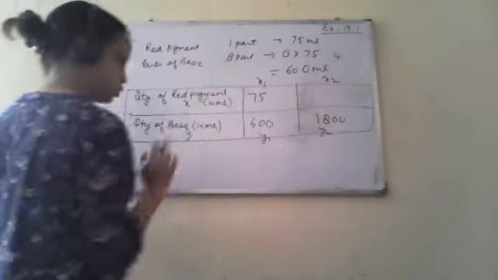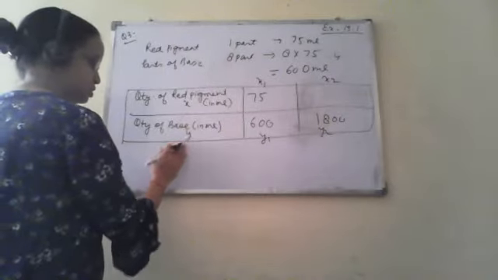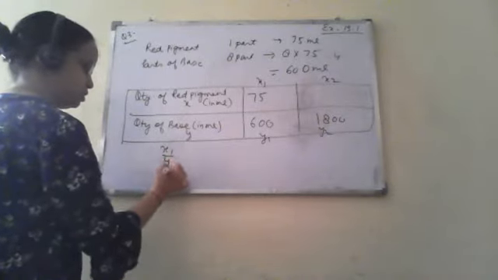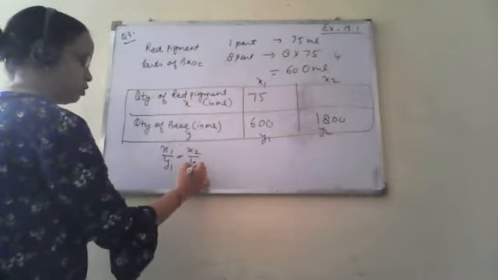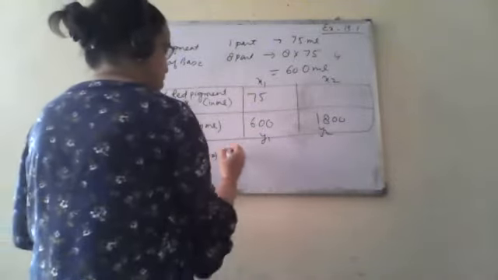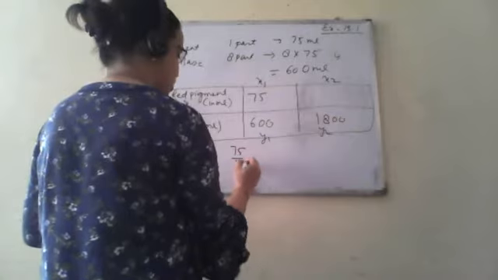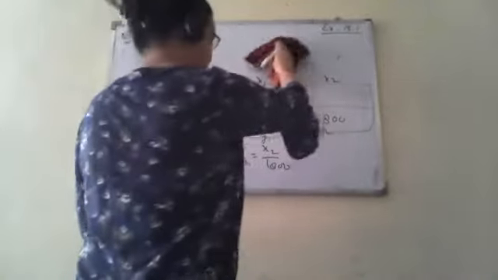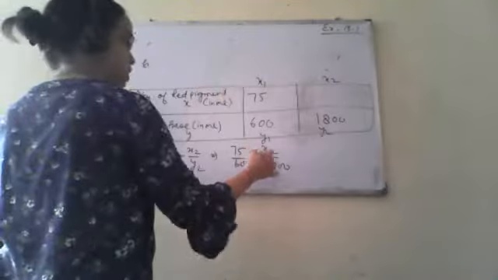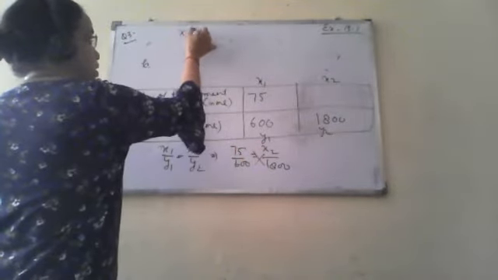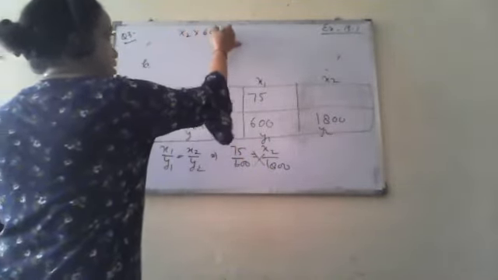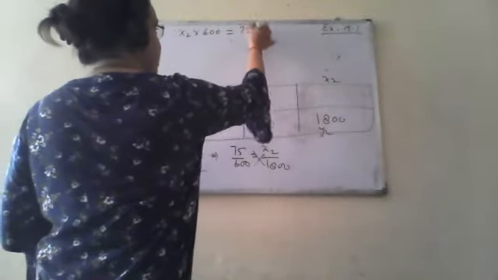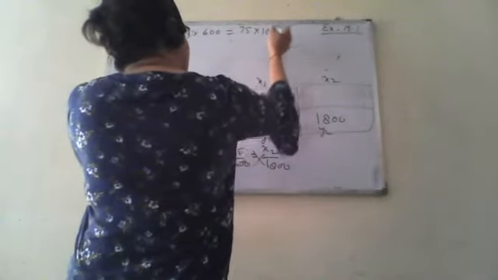We have to put this ratio equal, simple. We have x1 upon y1 equals x2 upon y2. We have to calculate x2. That means 75 upon 600 equals x2 upon 1800. Clear? So by cross multiplication, we have x2 into 600 equal to 75 into 1800.